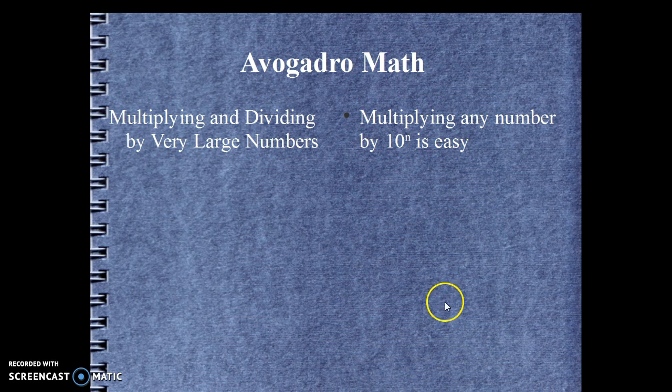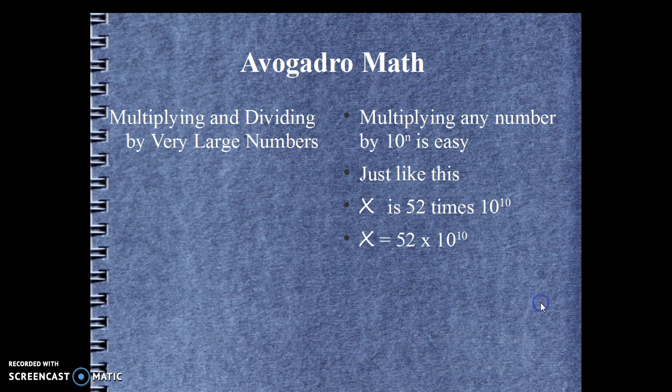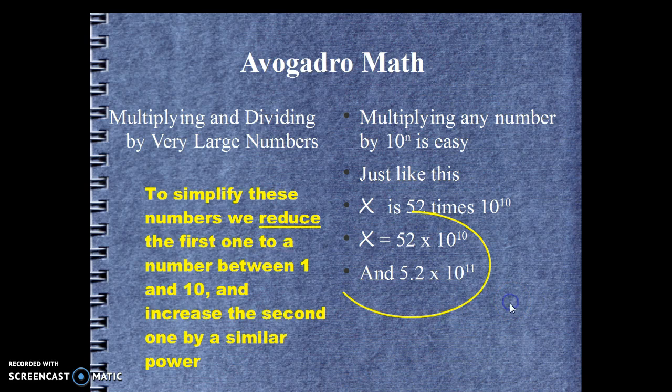Multiplying any number by 10 to the n is easy, just like this. If we're looking for an x that is 52 times 10 to the 10th, then we write x equals 52 times 10 to the 10th. And we could also say 5.2 times 10 to the 11th. To simplify this number and make the first number between 1 and 10, that's scientific notation, we're going to reduce the 52 to 5.2.